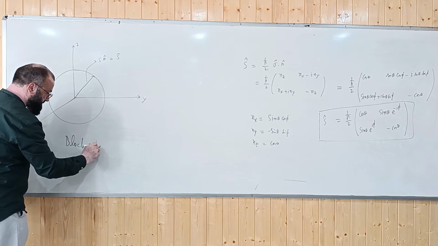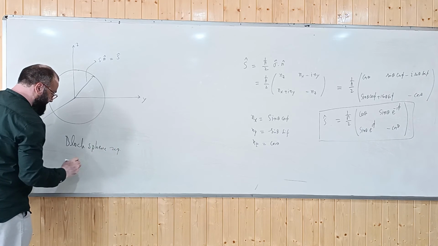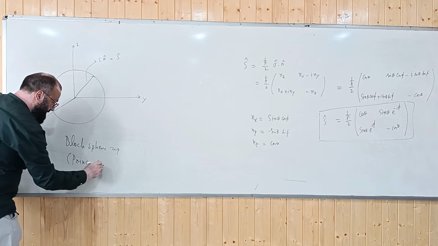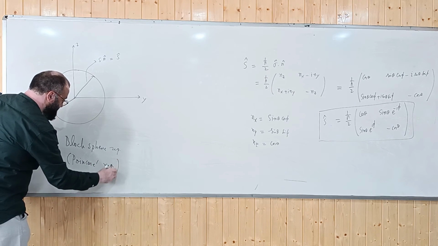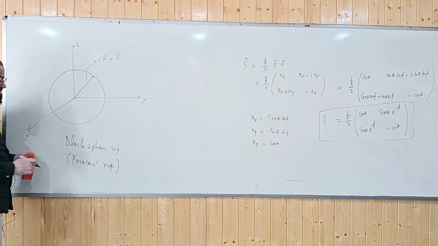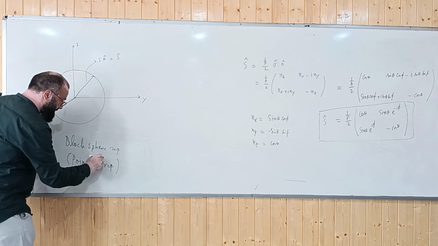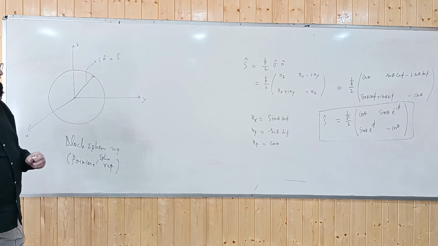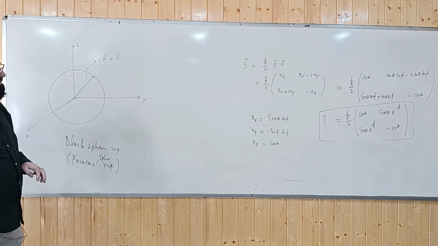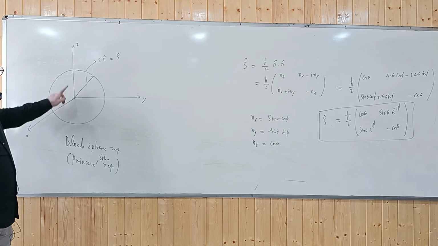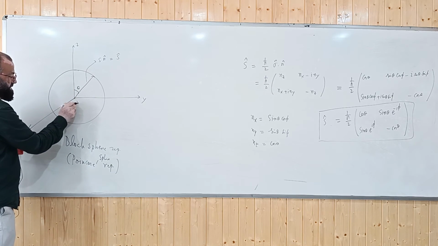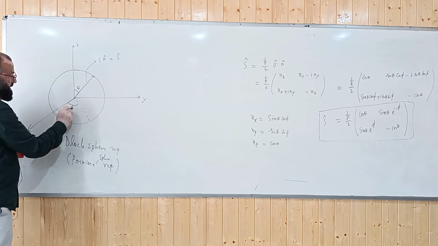There is another name for it, which we call the Poincare sphere. Okay, got it? Let's construct, say, along z. This is your theta, and this is your phi.